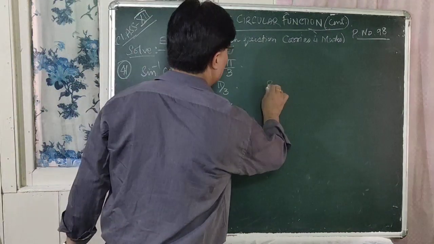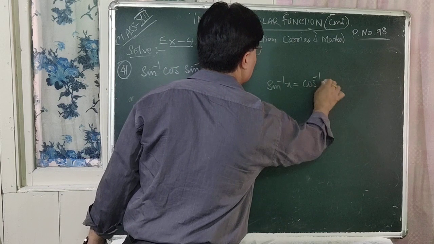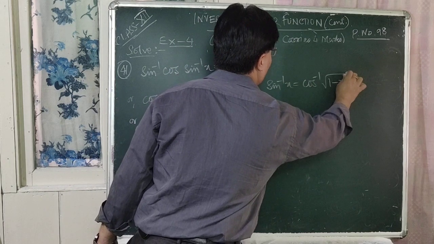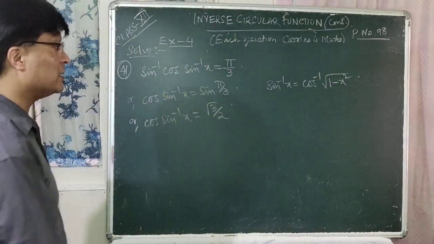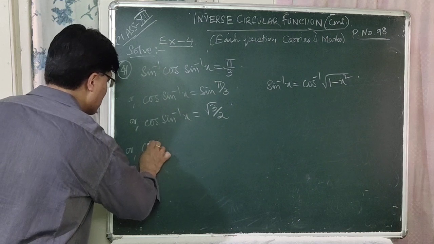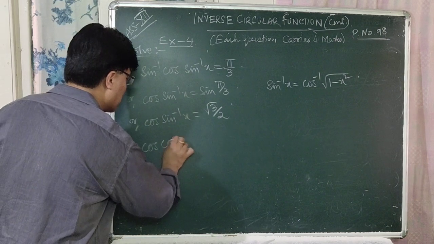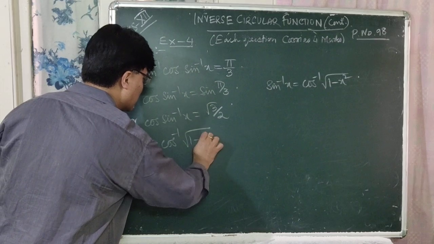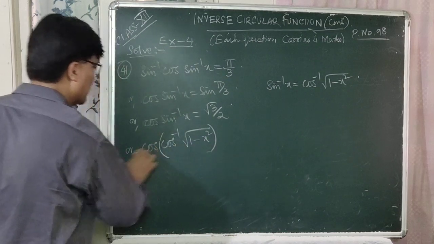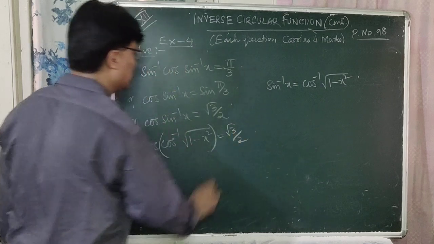So you know the formula of sin inverse x, that is sin inverse x is equal to cos inverse root over 1 minus x squared. You should know this formula, right? What is sin inverse x in terms of cos inverse? It is cos inverse root over 1 minus x squared. This is the formula. Is equal to, this is root 3 by 2.